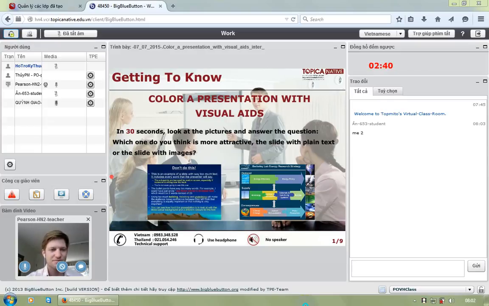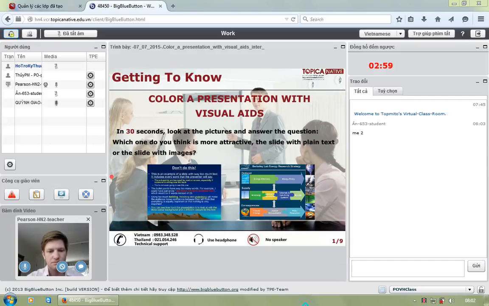About the question on the slide, I agree with Anne that I prefer the second slide because for me too, too many words are very boring. It makes my eyes strain.